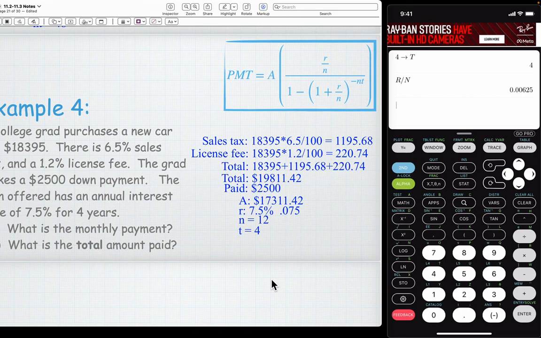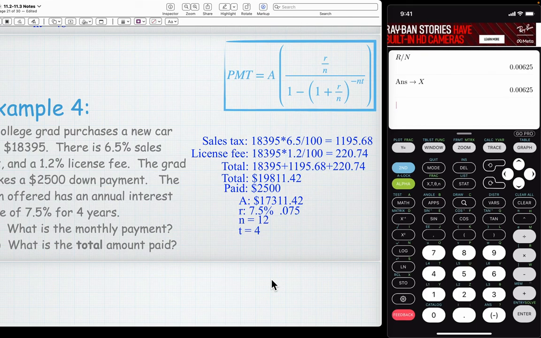So I might store that as the letter, well, I can't store it as T because I've already got T in there. So you could use some letter you haven't used. Maybe I'll store that as X. So the top is X.